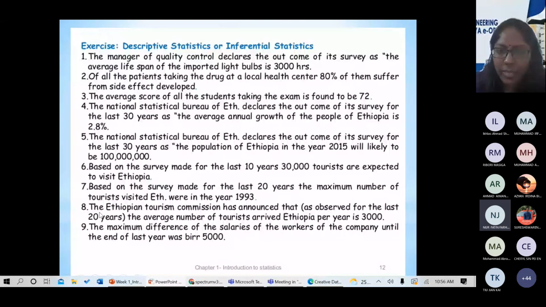Yes, because from the 20-year survey, they are saying per year we are getting an average of 3,000. Okay, number 9, the maximum difference of salary, is descriptive. Correct. Okay, so these are the differences. So when you're getting information and then making an inference, that's inferential. All right. Okay, good.